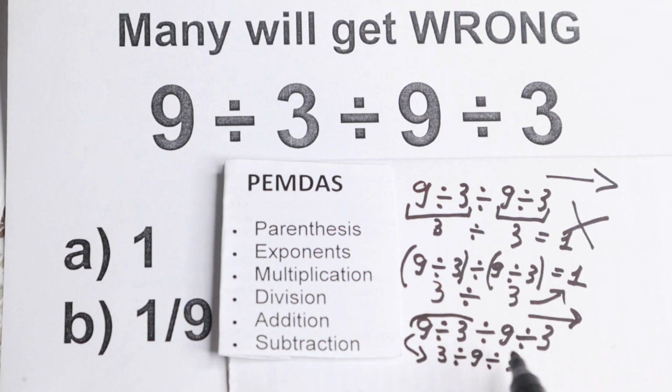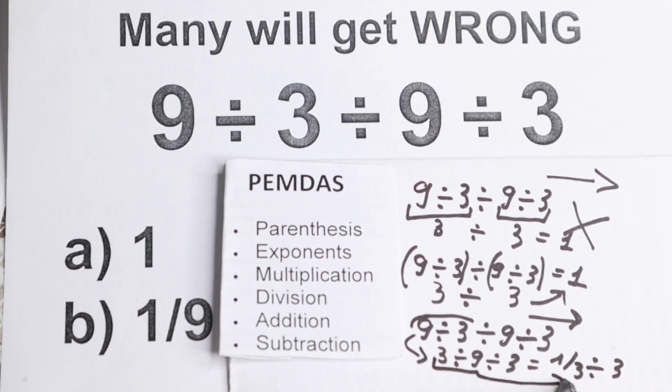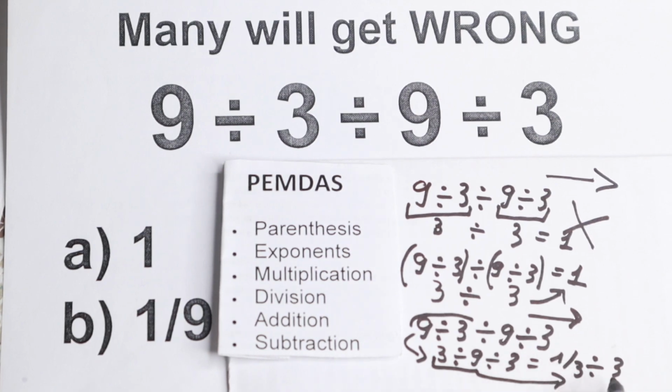This is 3 over 9 or 1/3. So this is 1/3, and divided by 3. We still have 3. So right here we divide. This is our 1/3, and we need to divide it by 3. If we divide it by 3, as you can see, 1/3 divided by 3 is like 1/3 times 1/3.